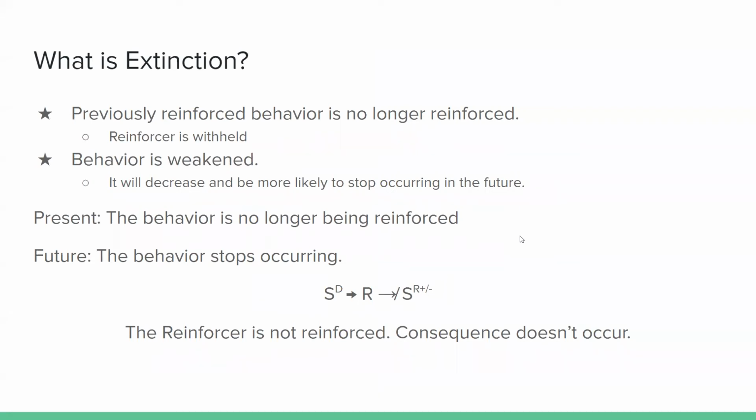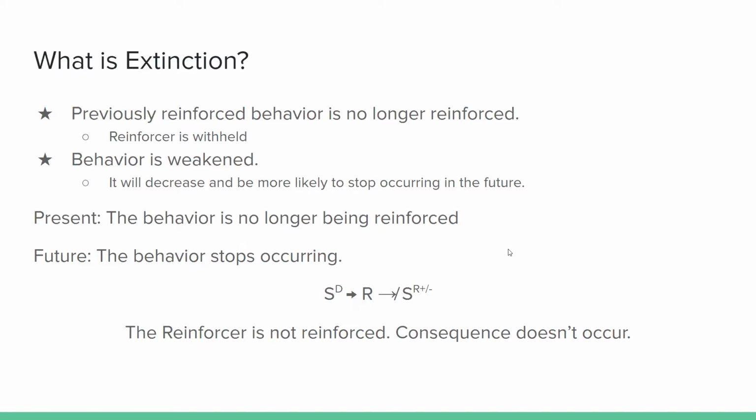Well, what is extinction? Extinction is when a previously reinforced behavior is no longer reinforced, or the reinforcer is withheld, and thus the behavior is weakened, and it will be more likely to stop occurring in the future.